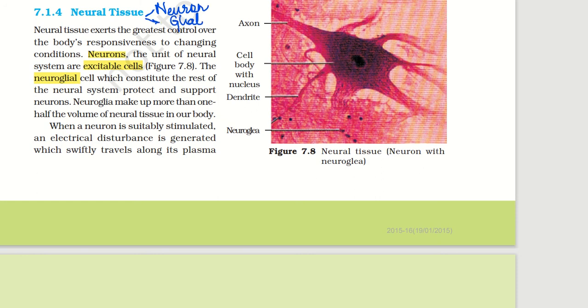Other than neurons, the remaining part of the nervous tissue is filled with the glial cells. Neuroglia make up more than half of the volume of neural tissue. The rest of it is neurons.